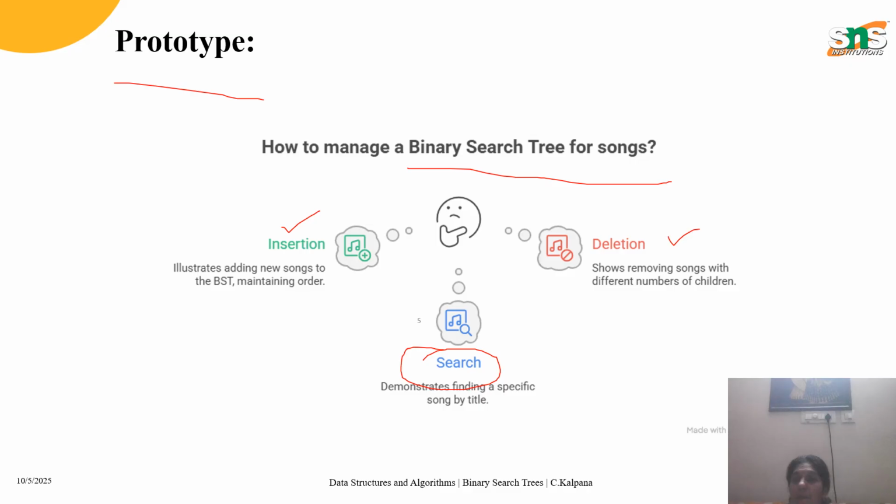These are the major modules I can incorporate in my prototype when you develop an application regarding this problem: insertion, search, and deletion. These are the basic, mandatory modules we need to incorporate.